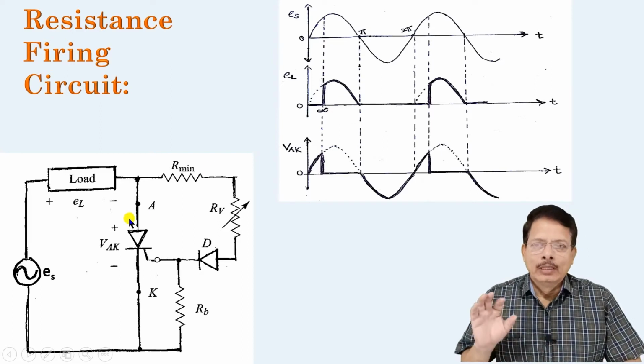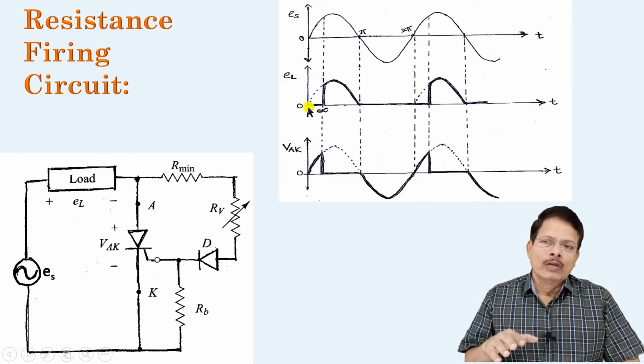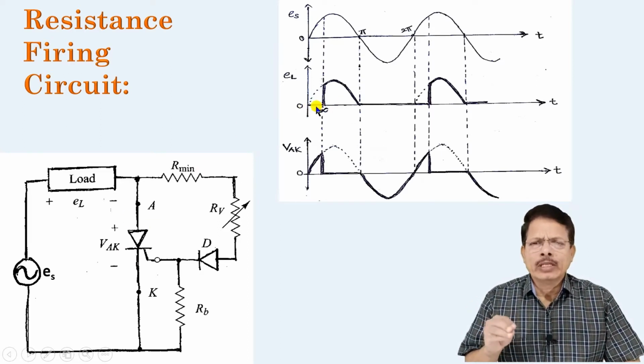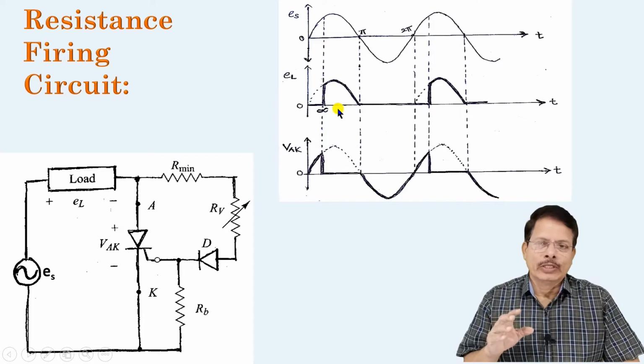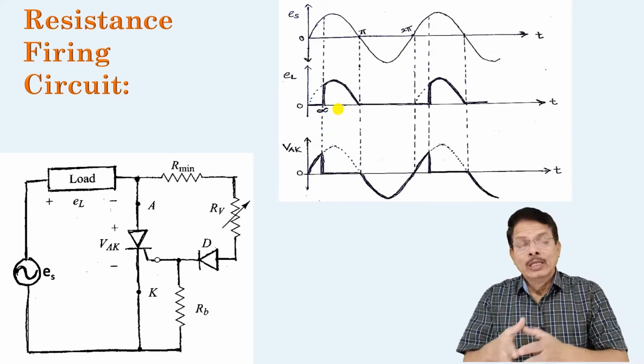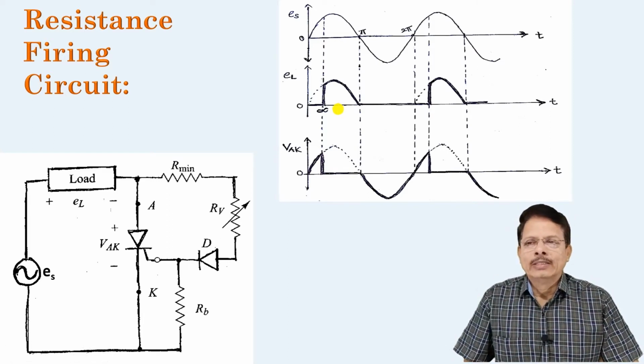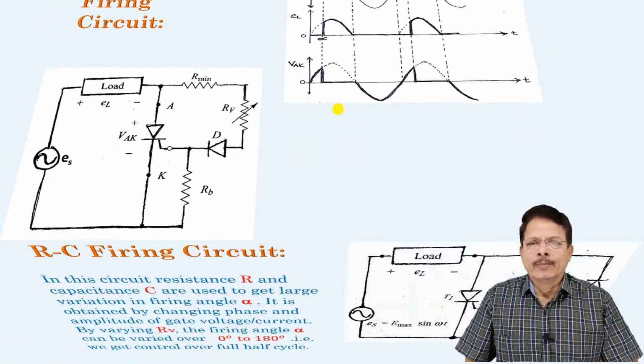So this is a half wave rectifier, and we can change the firing angle from 0 degree to 90 degree only. That was the limitation, and this limitation is removed in the next circuit, the resistance capacitance firing circuit.